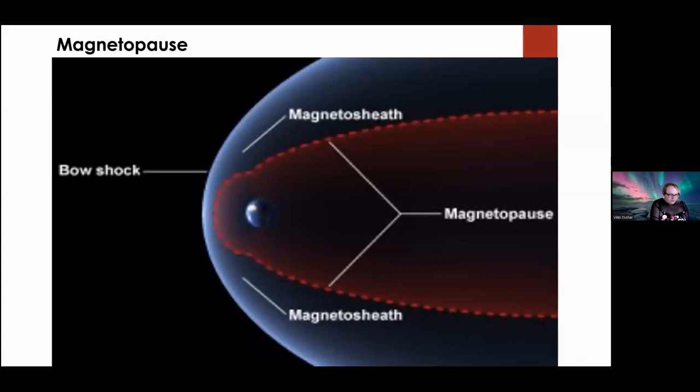The boundary is constantly in motion as the Earth is buffeted by the solar wind. While the magnetopause shields to some extent, it's far from impenetrable, and energy, mass, and momentum are transferred from the solar wind into regions inside the Earth's magnetosphere.